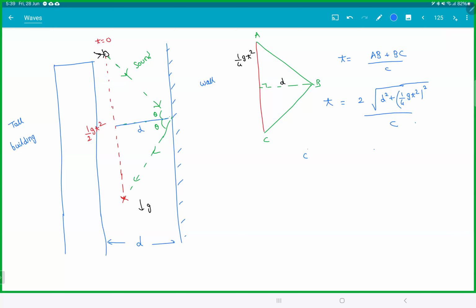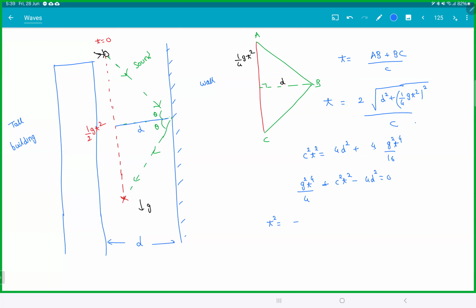Square it on both sides, you end up with c square t square equals 4 d square plus 4 g square t power 4 by 16. You get a biquadratic. So we have g square t power 4 by 4 plus c square t square minus 4 d square equal to 0.